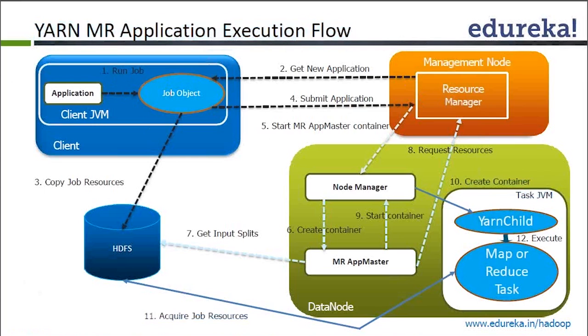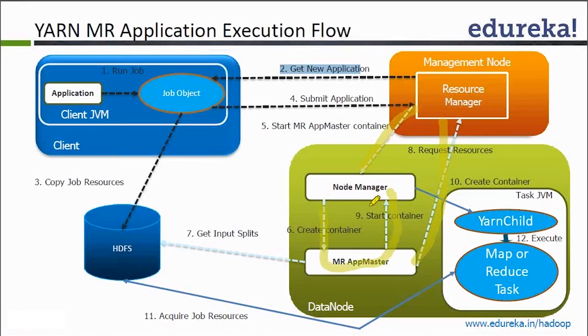Step 2: whenever you submit a job, it registers itself as a new job, so it gets a new application ID. Based on what kind of job you submit, the application master will come into the picture and start negotiating resources with the resource manager. Once the resources are allocated, it brings them back to the node manager, which creates a container and starts executing it.